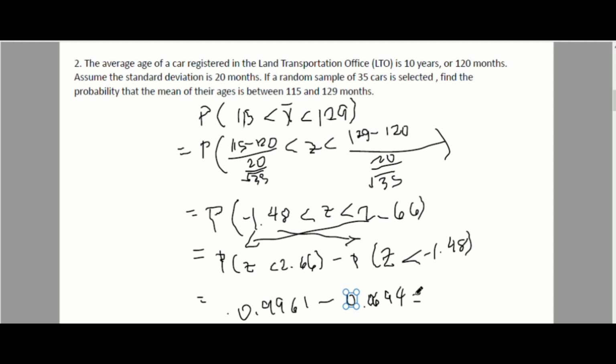So the result is 0.9267 or 92.67%. So the probability that the mean age of these 35 cars is between 115 and 129 months is 92.67%, or it's very big. The chances are very big.